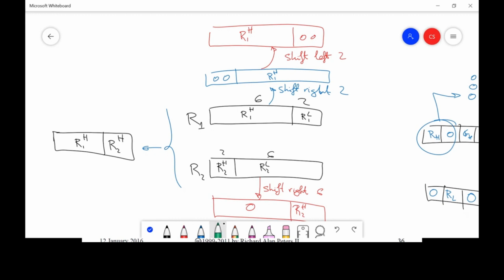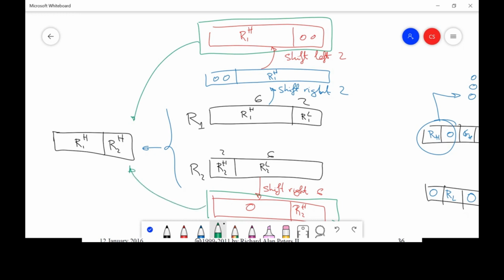Okay, so now I have 2 pieces. I have this piece and I have this piece. How do I combine these two to produce this one? This is the operation I have to do. XOR operation between the 2 words.